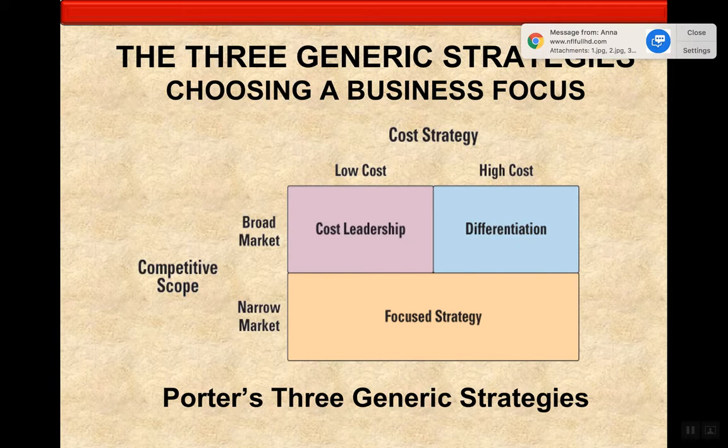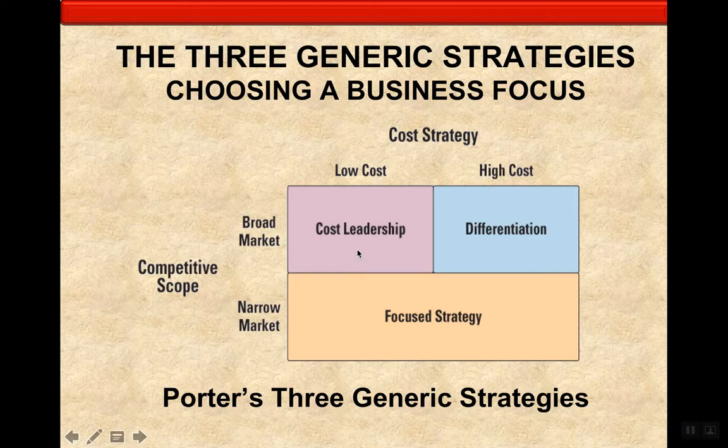One of the things within his analysis was that there are only a couple of different ways that companies will compete. One is by cost. If you can establish a cost leadership position, that's an effective strategy.